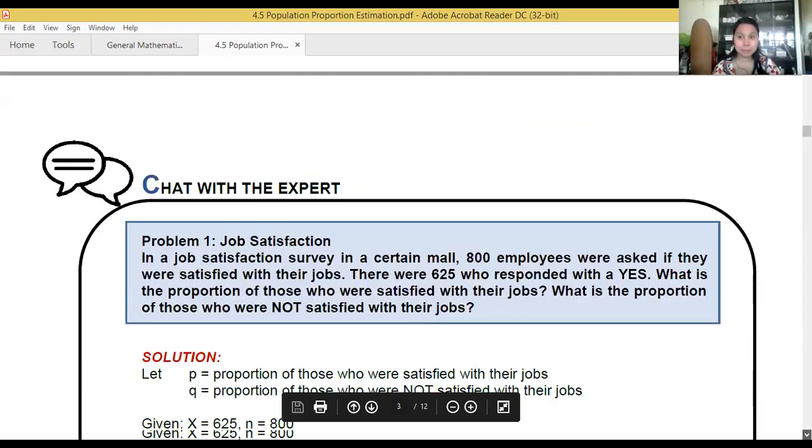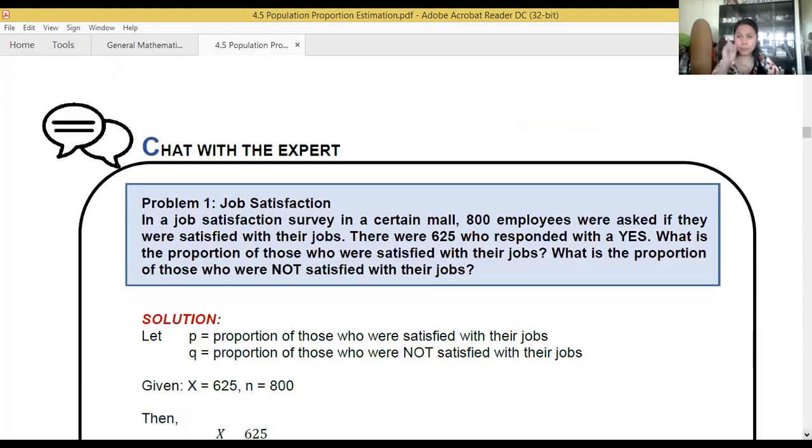Let's have problem number 1. I'll take one problem for point estimate and another problem for the interval estimate. Problem number 1, job satisfaction. In a job satisfaction survey at a certain mall, 800 employees were asked if they were satisfied with their jobs. There were 625 who responded yes.